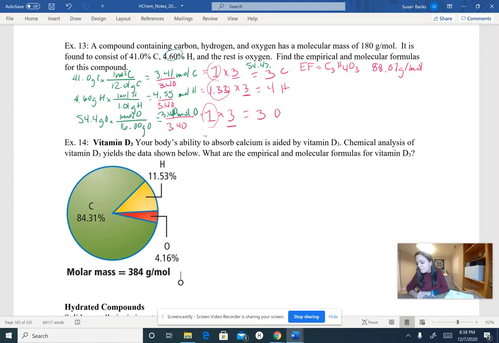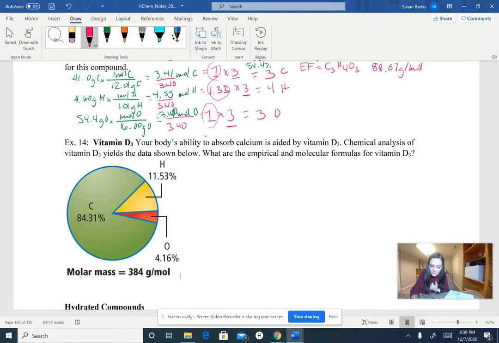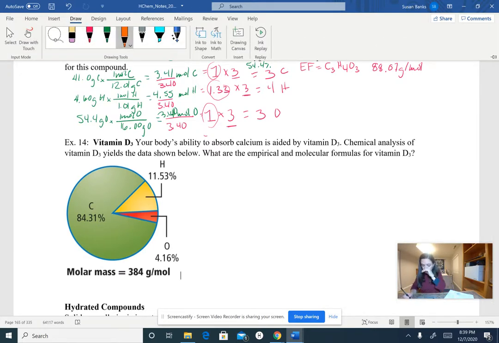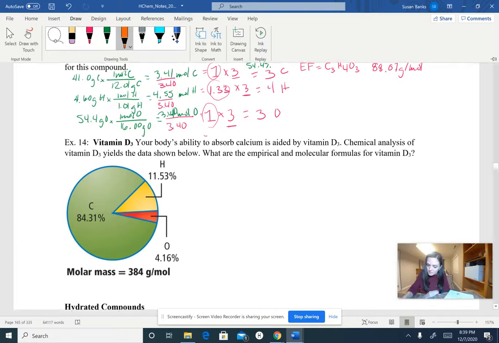Now, does that match our molecular mass that is given to us? No, it does not. So the next step is to figure out how many empirical units there are in each of the molecular units.